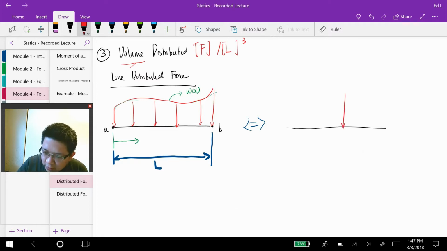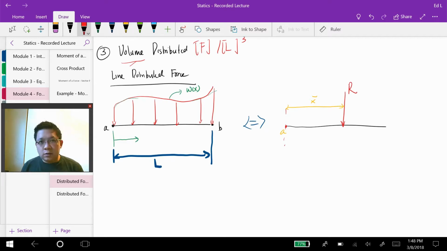Let's call that resultant force R, located at a distance x bar from the end of the beam. In this case I define x bar from point A, which is the left hand side of the beam. Here you can see the reason why we put this topic in module 4, because we are most likely interested in finding what R and x bar are.